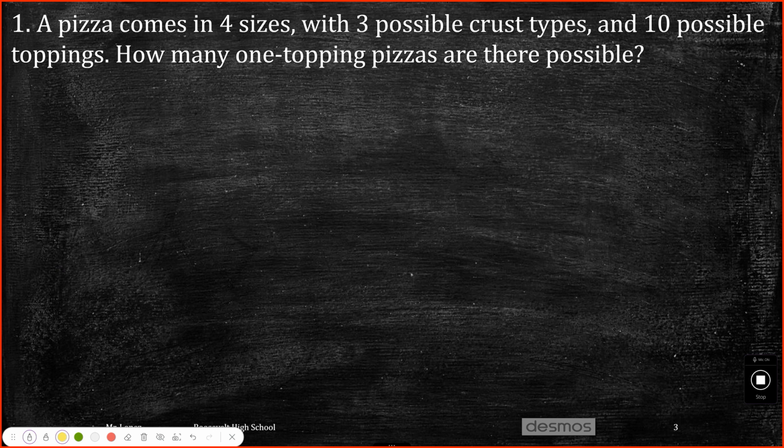This is another type of crust or whatever it is. And then 10 possible toppings. You can just have pepperoni. You can have just pineapple on it. You can just have jalapeno on it. Just one topping. And so how many one-topping pizzas are there possible?